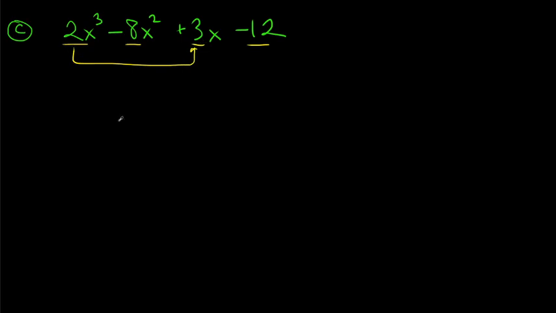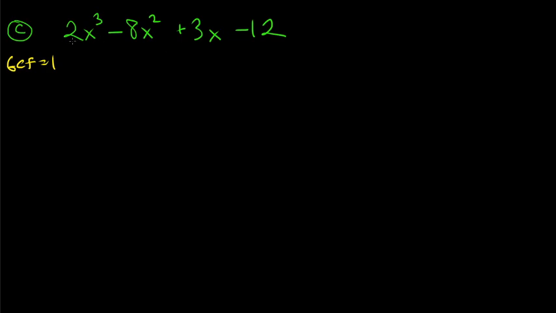So the GCF here is 1. So we can't take out a 2 from everything because there's no 2. That's a factor of 3. And obviously we can't factor a 3 out of the 2 or the 8. So GCF is 1.